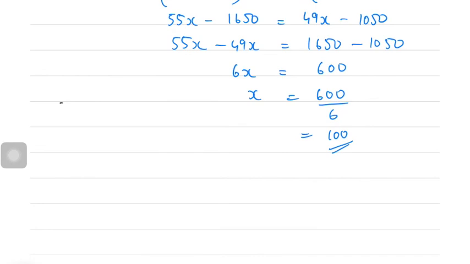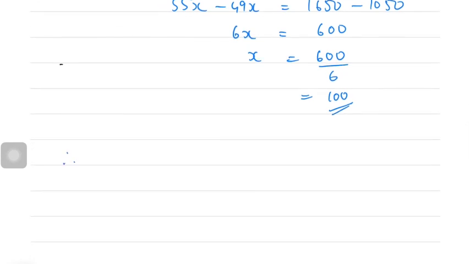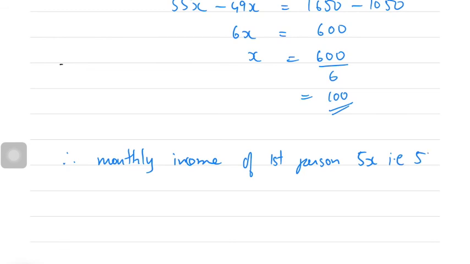You have to find the monthly income of both persons. So monthly income is 5x and 7x, right? So therefore the monthly income of the first person, which is 5x, that is 5 into 100, would be rupees 500.